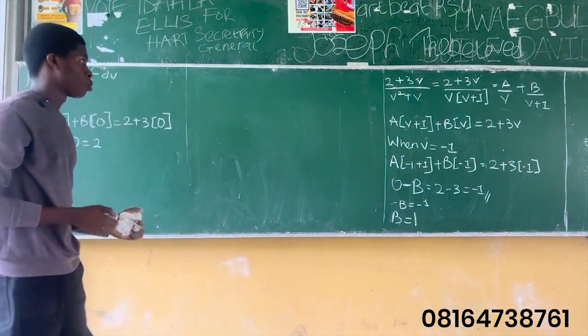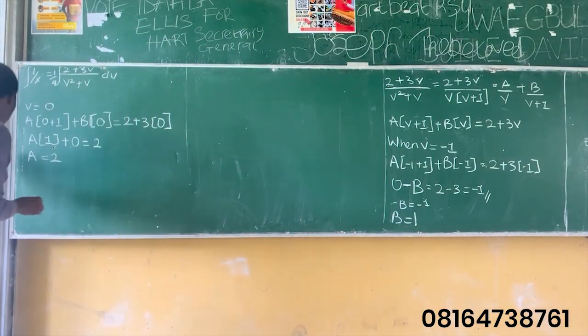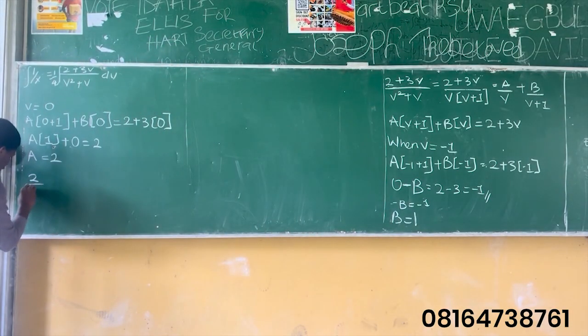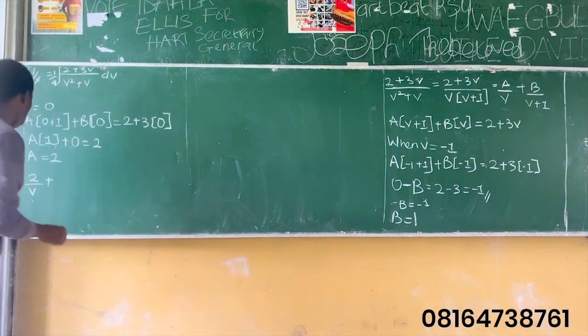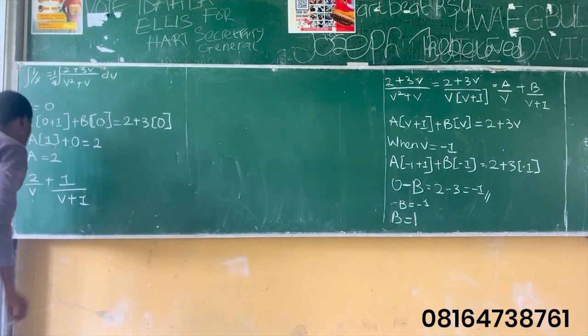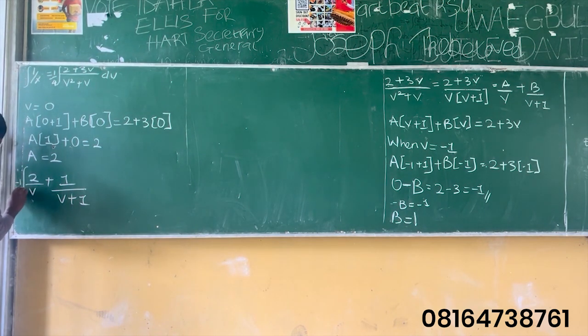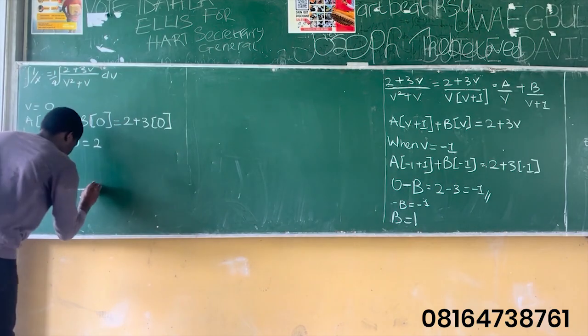So now we are going to be substituting the values we have gotten into this equation. So we have 2 over v plus B, which is 1, 1 over v plus 1. We should not forget that we have a minus 1 over 4v. So it's going to be the integral of minus 1 over 4v dv.